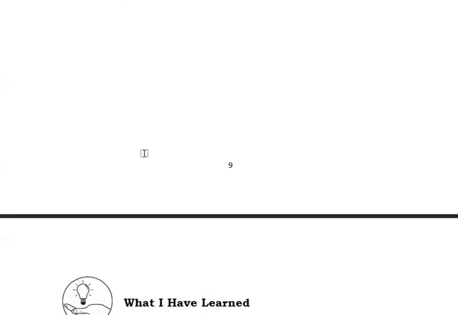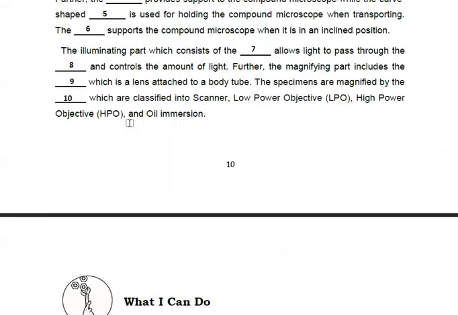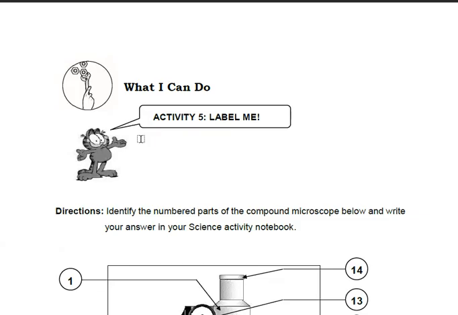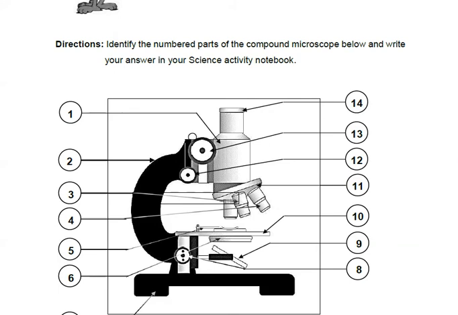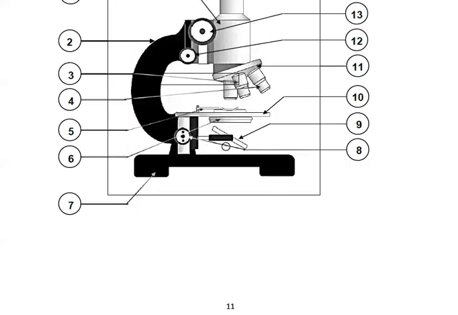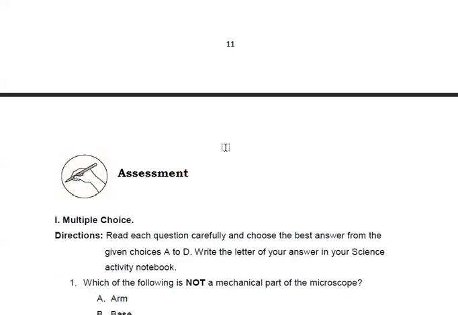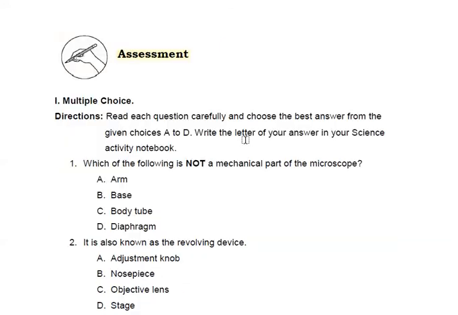Now, after doing that, you just go here and you answer activity 5, label me. So, i-label lang nato. Let us identify what are the parts of the compound microscope. So, kaya-kaya to. So, this is it. And after that, you just need to answer the assessment again.